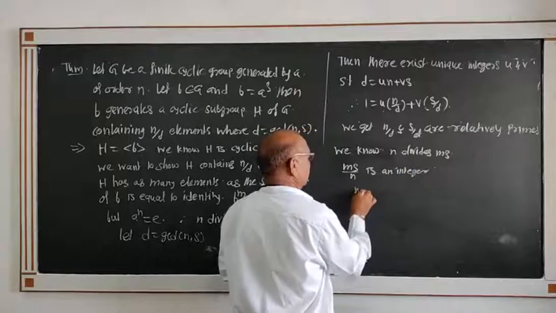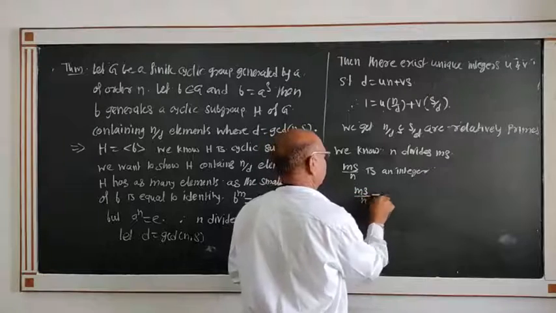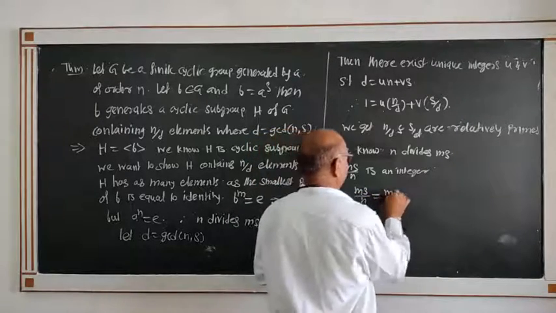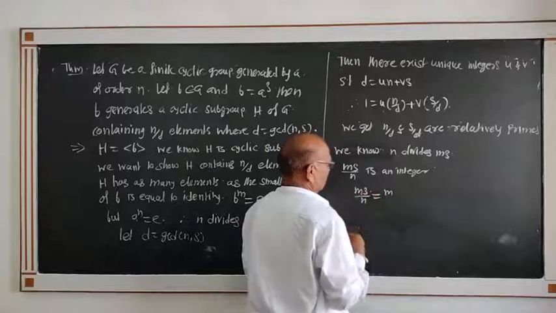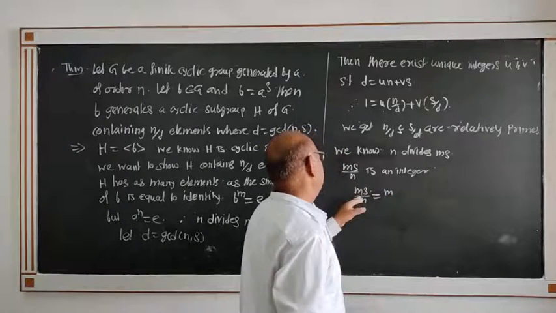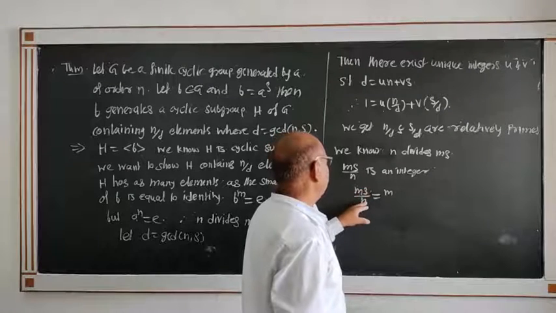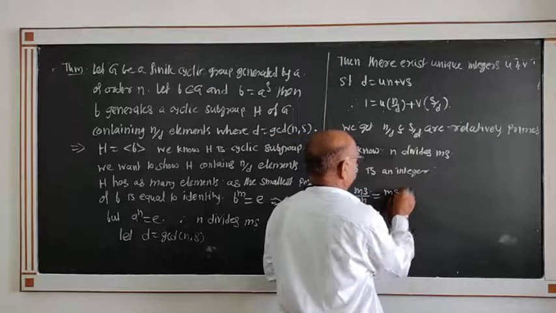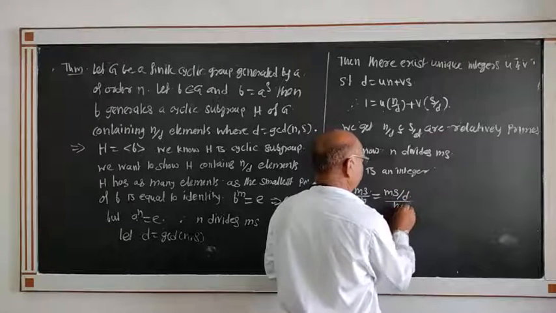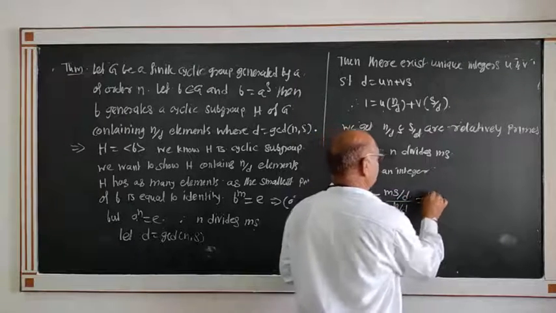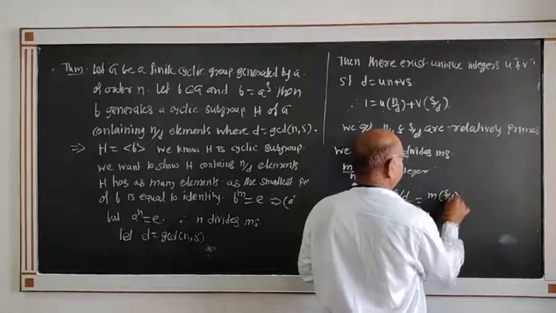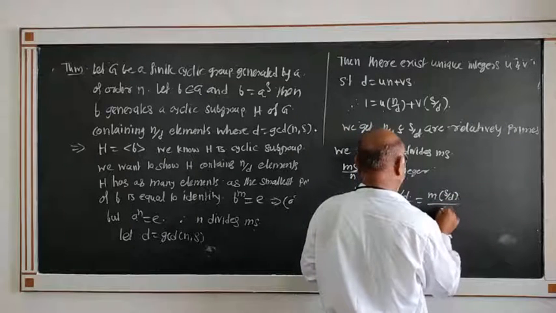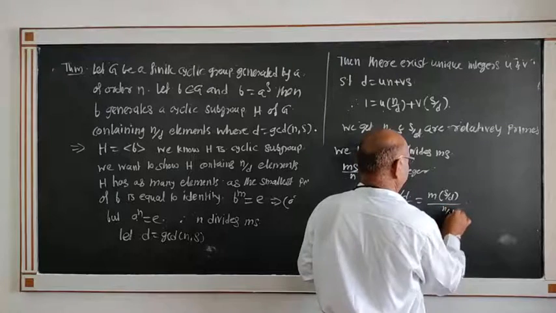Now ms by n, dividing numerator and denominator by d, is equal to ms by d upon n by d.